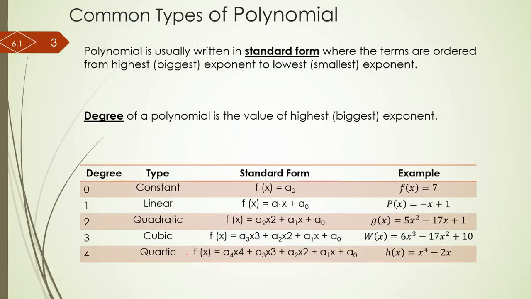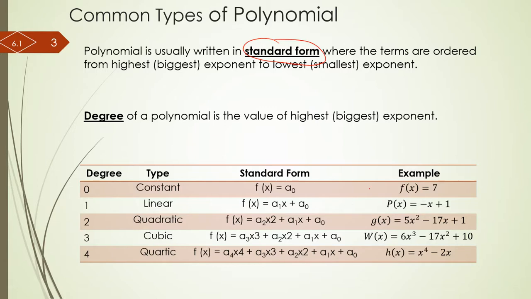Next, we look at the common types of polynomial. How do we write a polynomial? Normally we write a polynomial in standard form, where the terms are ordered from the highest exponent to the lowest.